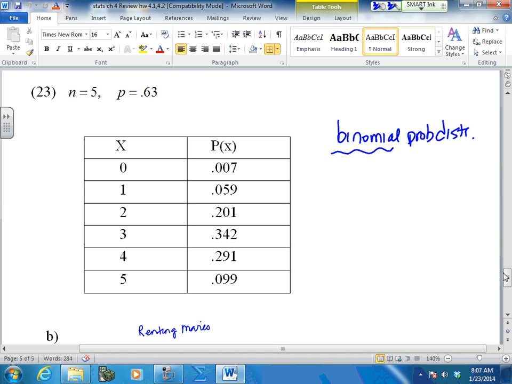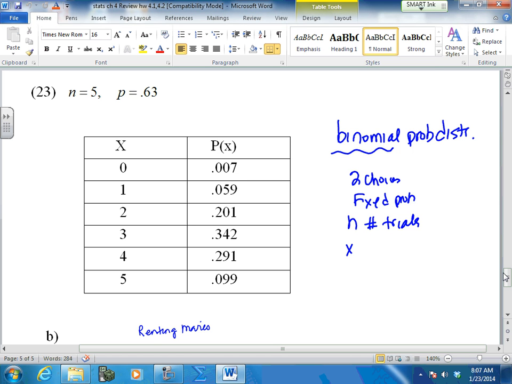The binomial adds 4 more things. 2 choices, a success and a failure, fixed probability, n number of times, n number of trials, and your X value goes from 0 to whatever it is going to. That's your binomial part of this. Binomial meaning 2. All right, so everybody can do this part?